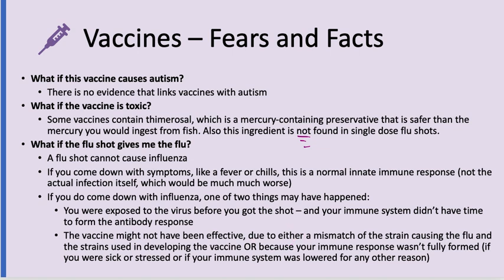So if you were infected with the virus a couple of days before you got the shot, that virus will reach the infective stage before your immune system has time to catch up. Your immune system might not have had time to form that antibody response. So if you get the flu after you get a flu shot, there's a good chance you were exposed to the virus before you got the vaccination.